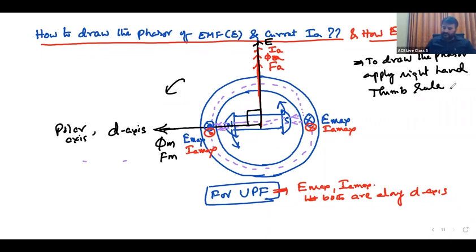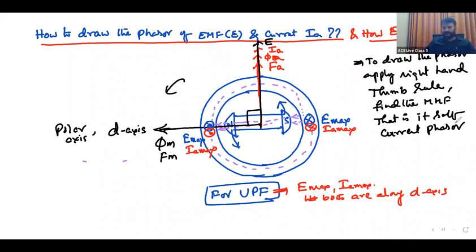Find the flux or MMF. That itself is the current phasor. Or the EMF phasor, for which you have to apply the thumb rule.